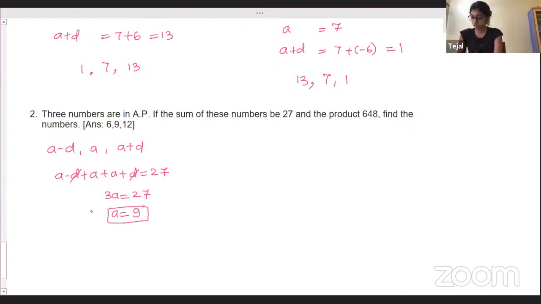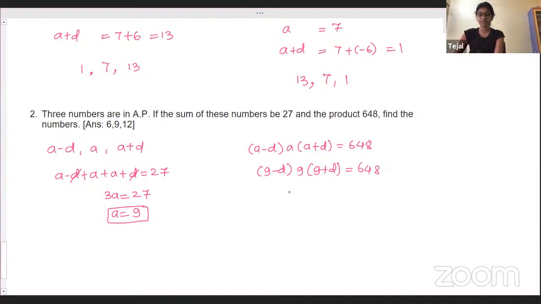The product of these terms is 648. So a minus d into a plus d is equal to 648, that is 9 minus d into 9 plus d is equal to 648.